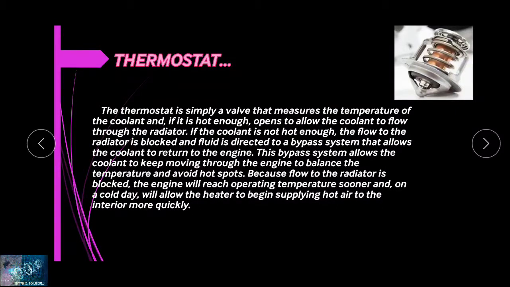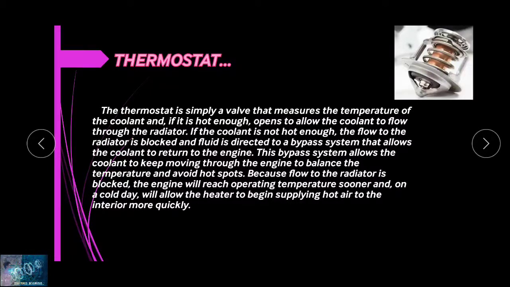Then the thermostat. The thermostat is simply a valve that measures the temperature of the coolant, and if it is hot enough it opens to allow the coolant to flow through the radiator. If the coolant is not hot enough, the flow to the radiator is blocked and fluid is directed to a bypass system that allows the coolant to return to the engine.